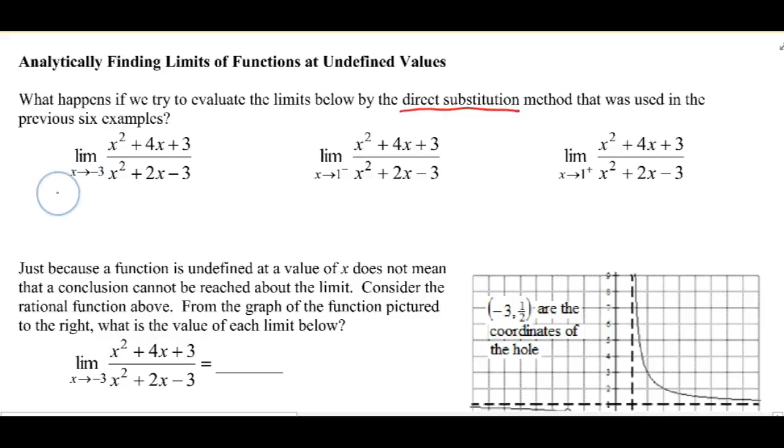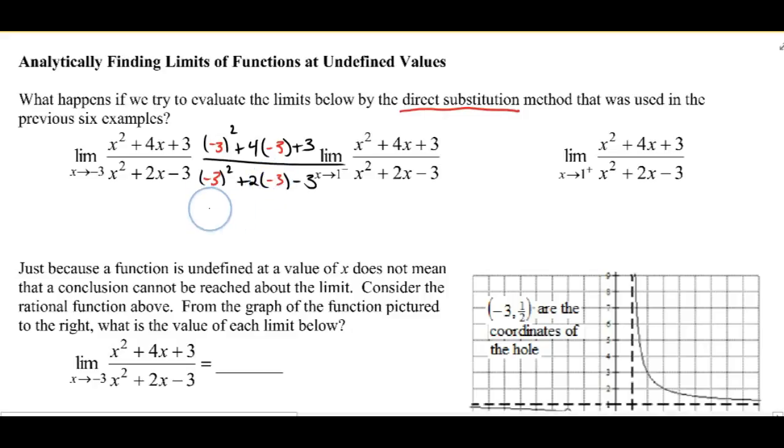What if we try this limit and plug in -3? Well, I get -3 squared plus 4 times -3 plus 3, over -3 squared plus 2 times -3 minus 3.